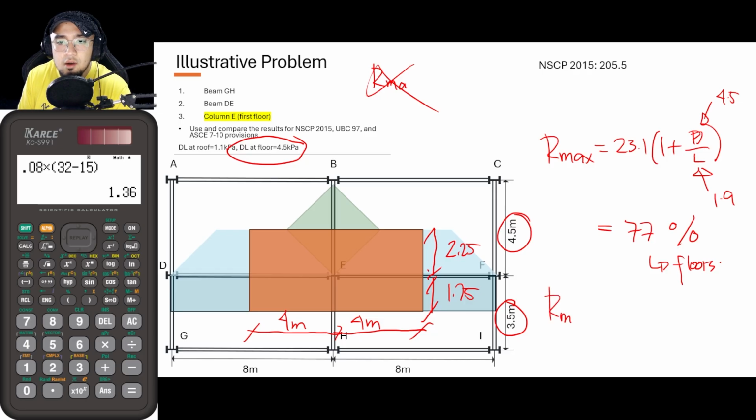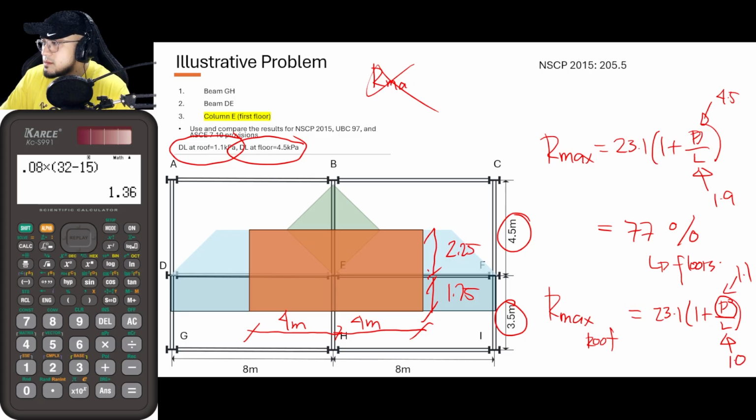So yung Rmax ng roof, this is now equal to 23.1 times 1 plus D all over L. Kaso yung D naman natin ngayon guys, nakalagay dito yung dead load daw sa roof, 1.1. Tapos yung live load sa roof, napag-usapan natin kanina, this is now 1.0. So from that, this is now equal to 23.1 times 1 plus 1.1 all over 1.